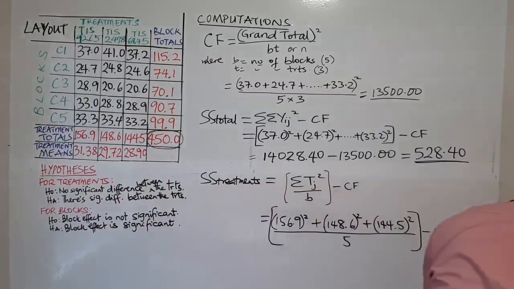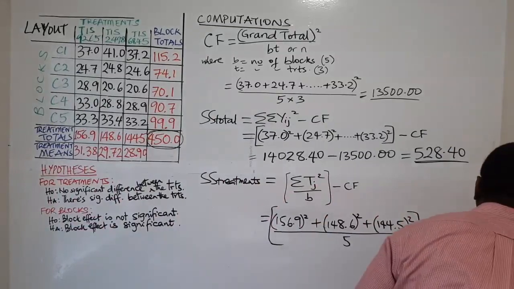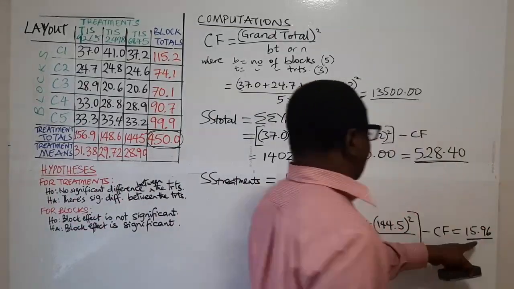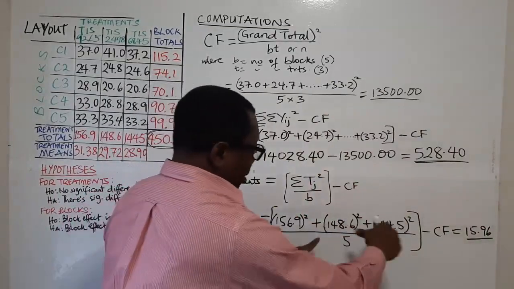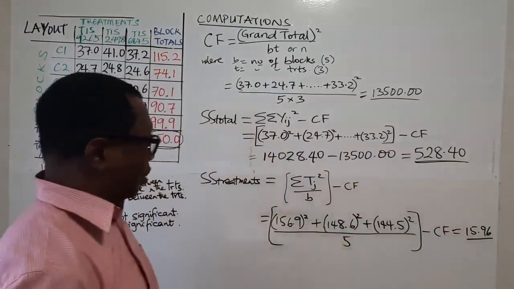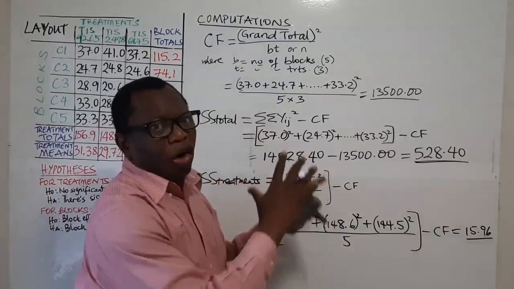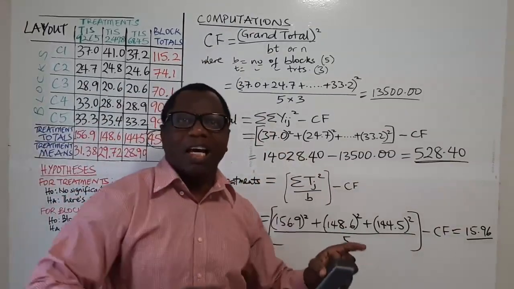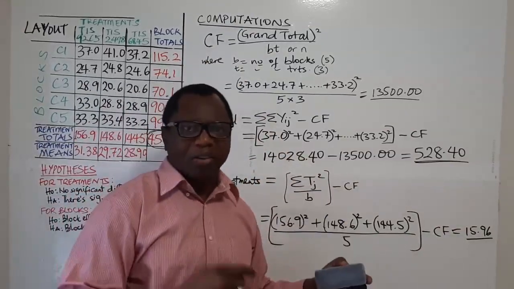Sorry, not 8.96. Okay, so 15.96, that's the answer. When you evaluate this expression, it will give you that. So up to here, all we have done is exactly as we did for CRD.